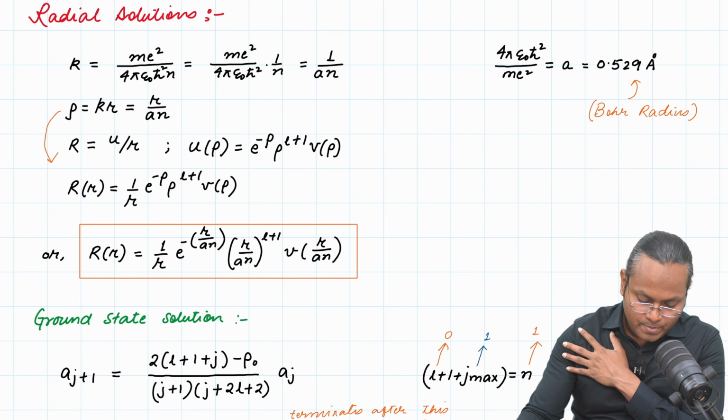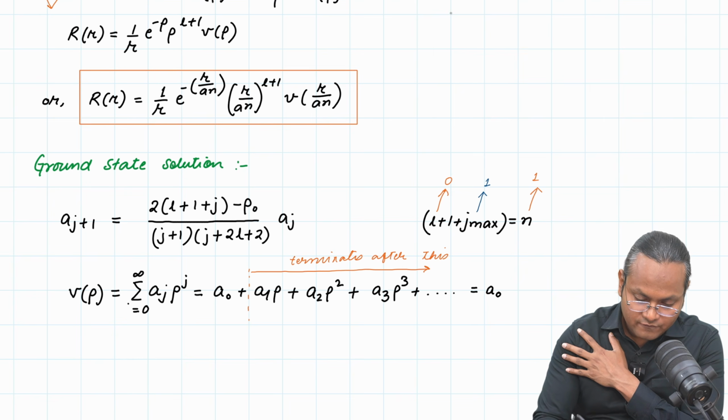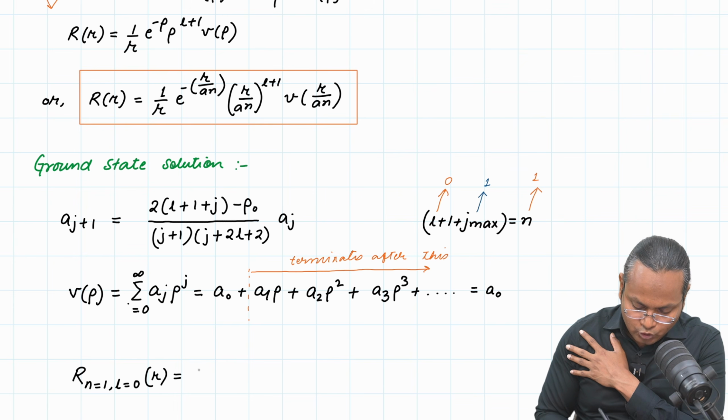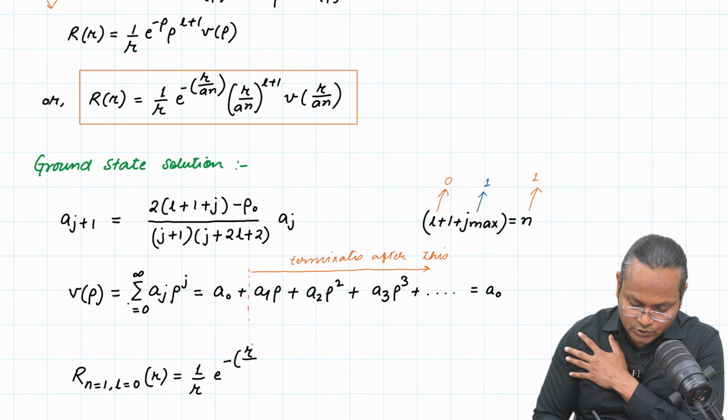So therefore, the radial solution for the ground state R, for n equal to 1 and l equal to 0, comes out to be 1 upon a e to the power minus r upon a. For n equal to 1 you have just a, and you have r upon a. l is equal to 0, so the power is just 1.